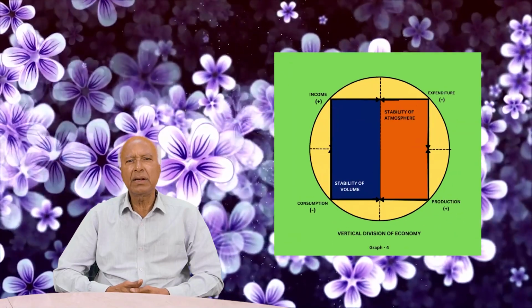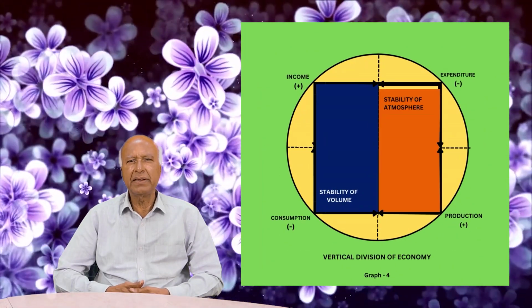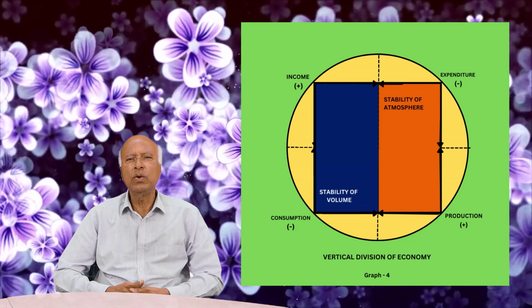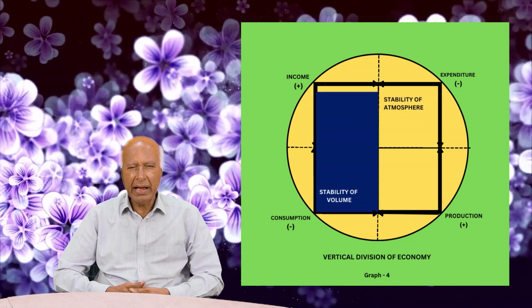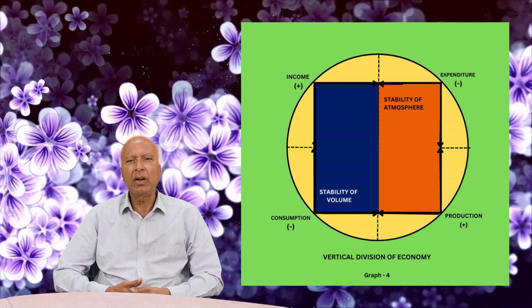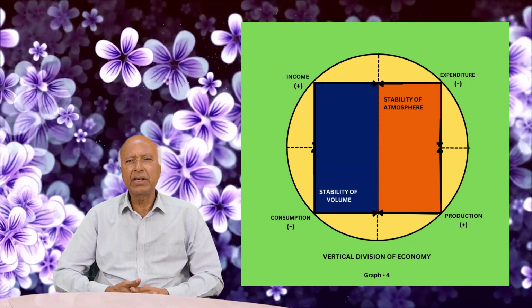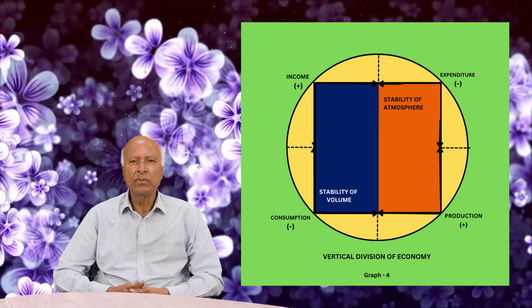The first division is a vertical division. If you vertically divide the square, beginning from the sphere of economy, you will have two distinct rectangular shapes emerging.